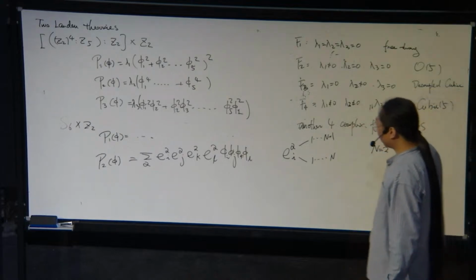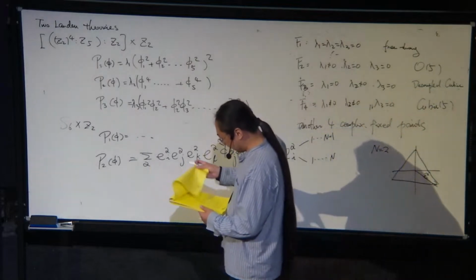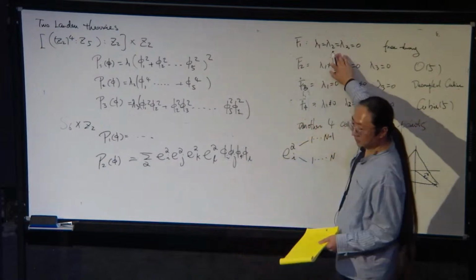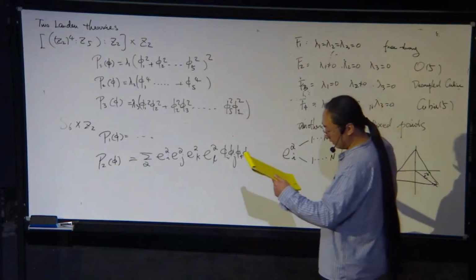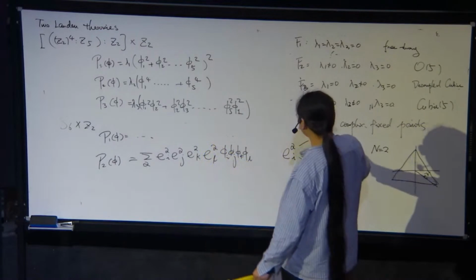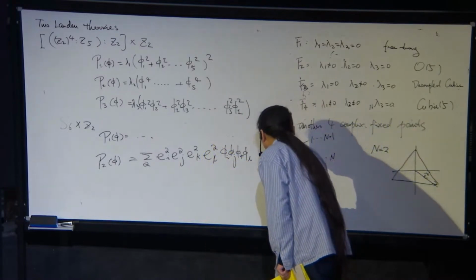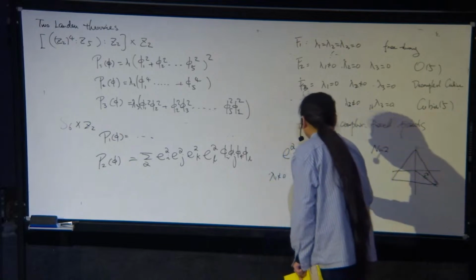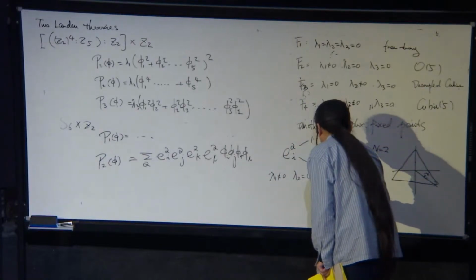So after running this one, you find, again, some fixed points. You, of course, also find the free one. You find another one with lambda 1 not equal to 0, lambda 2 equal to 0. This is, again, the O(5). You find it again.